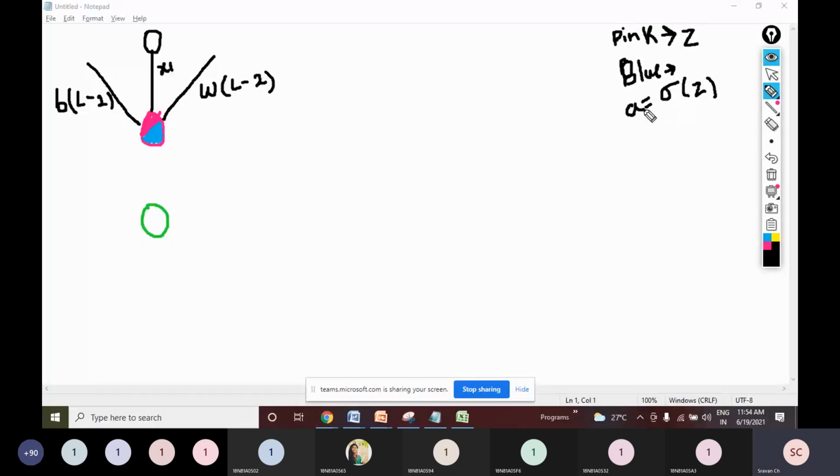So friends, if you observe, even in this node I have the pink part and the blue part.